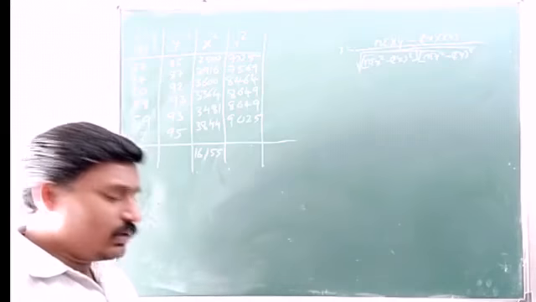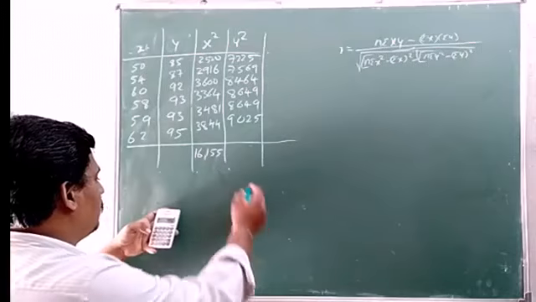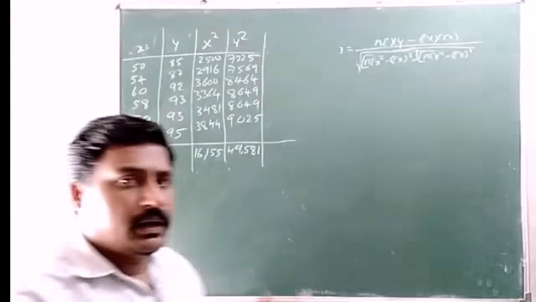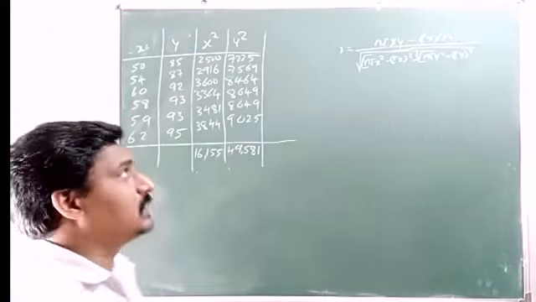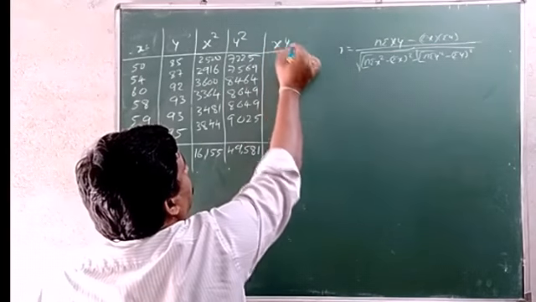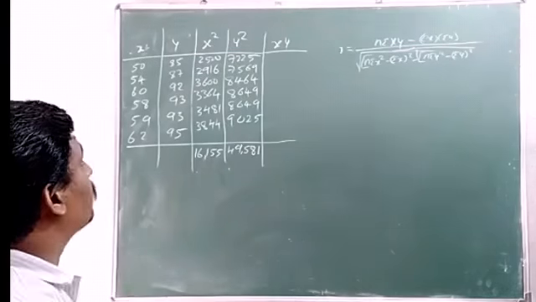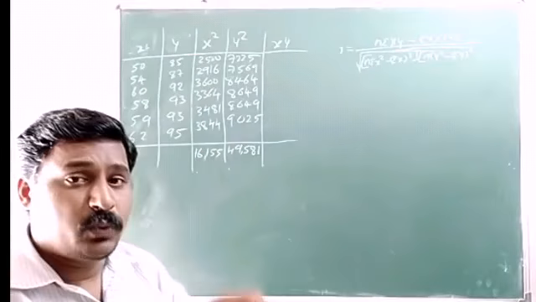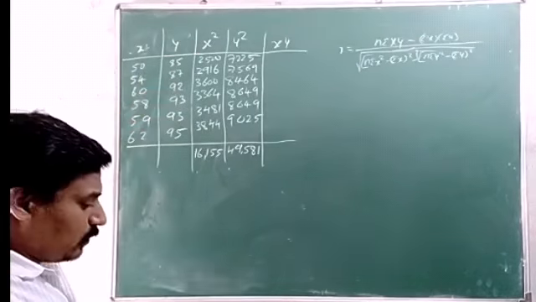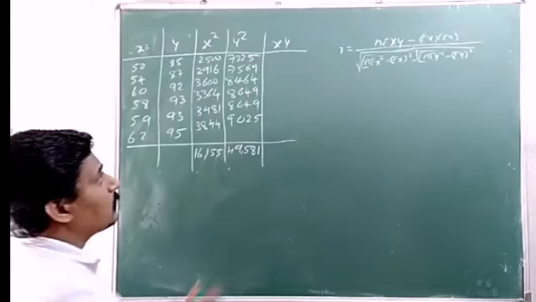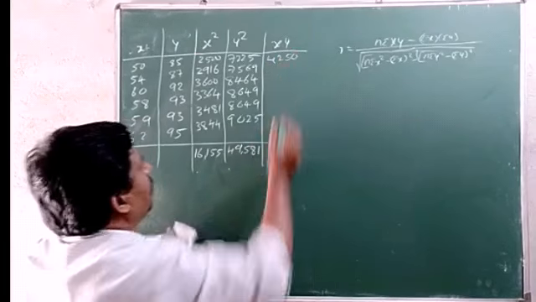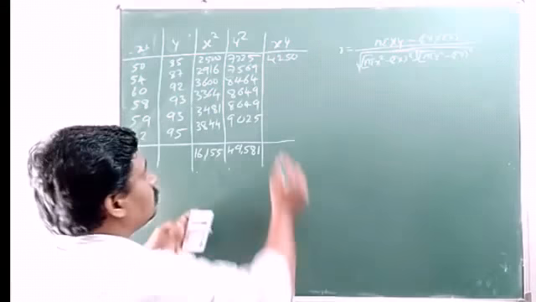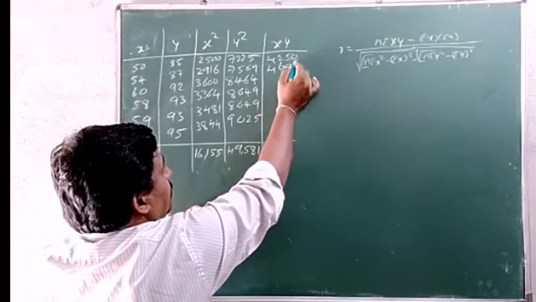Okay, now the total of y square column is 49,581, and the next column xy, that is x into y. So first multiply x and y with the corresponding y value. So 50 into 85 is 4,250. Next 54 into 87 is 4,698.